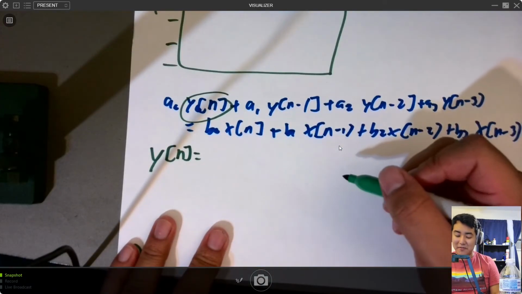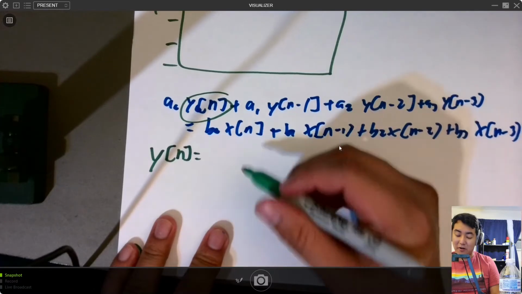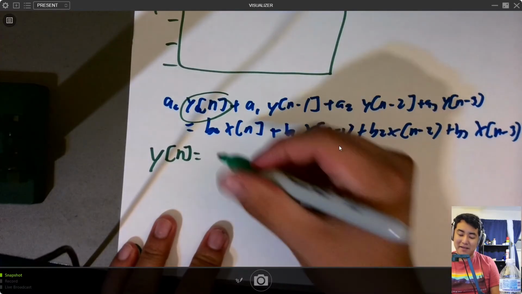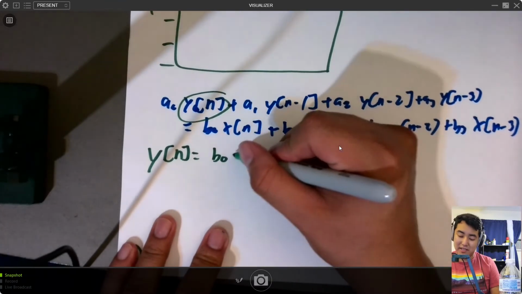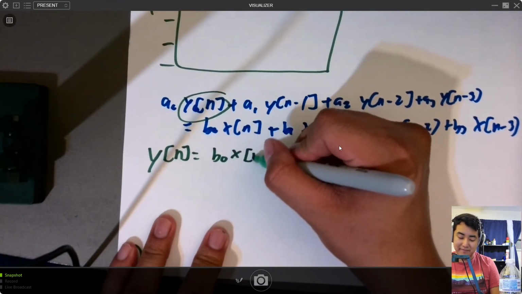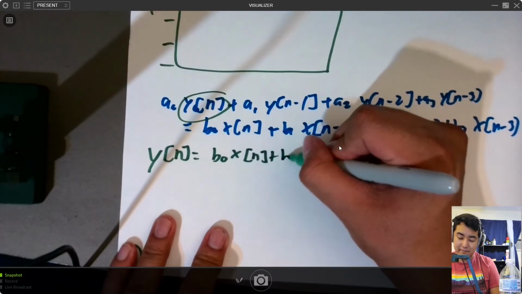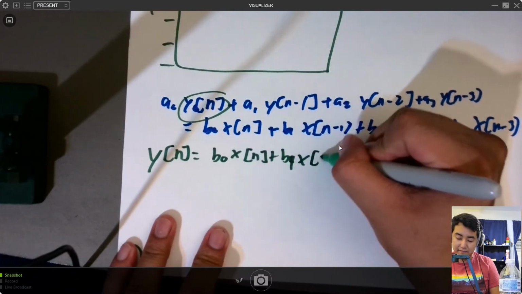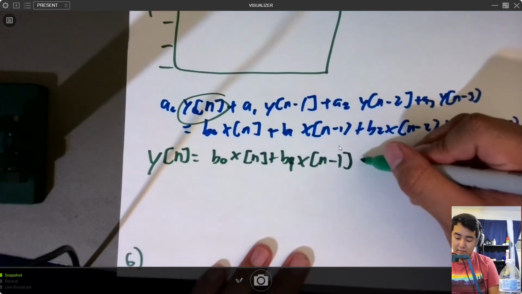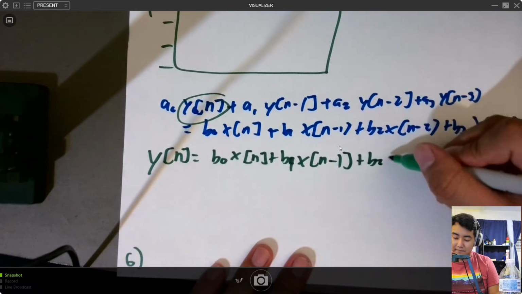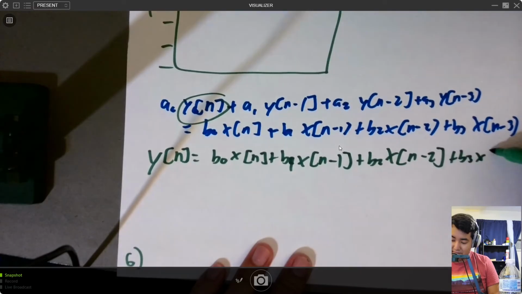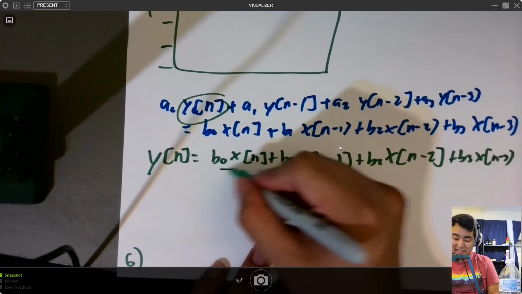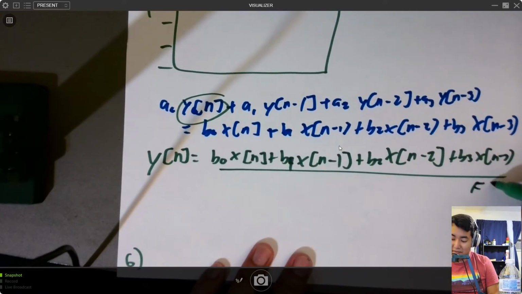Y is equal to, let's do our feedback paths. B of 0. So it just stays the same. Here's a feed forward path.